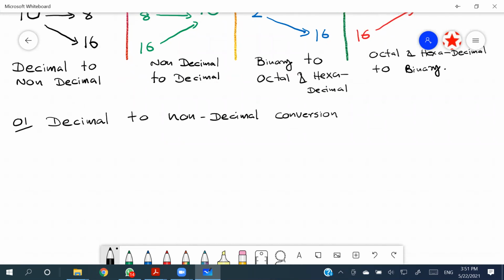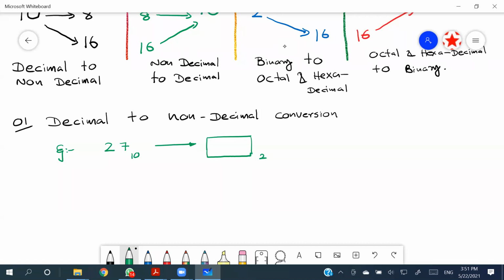The first example I'm taking is the decimal value 27, which needs to be converted into its binary equivalent.